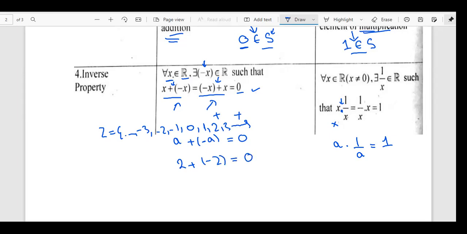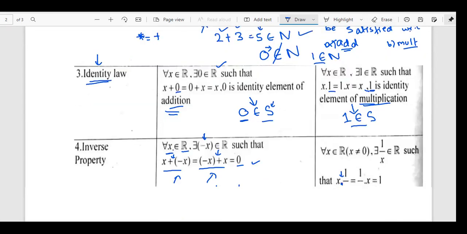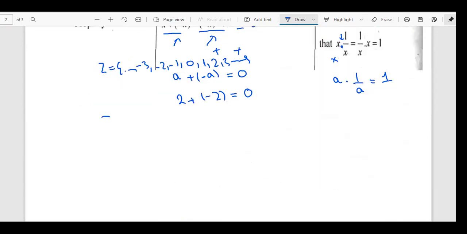But if I talk about the set of natural numbers, I do not have negative integers, right? So I would not be having the inverses of 2, 1, 3. I don't have minus 1, minus 2, minus 3, because only then when I add minus 1 to 1, I will get 0, right? So are you clear with this thing?